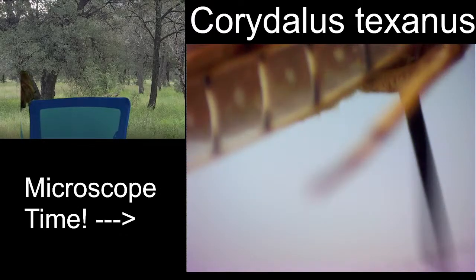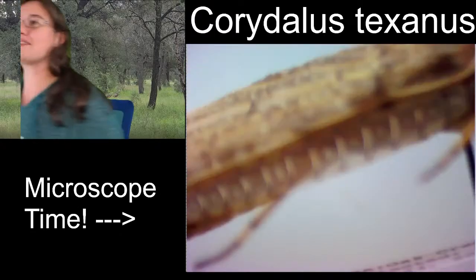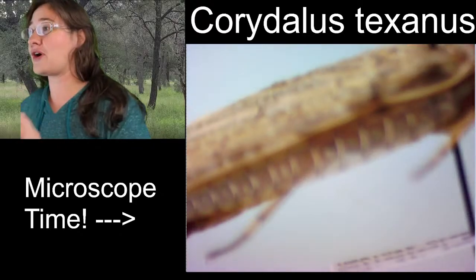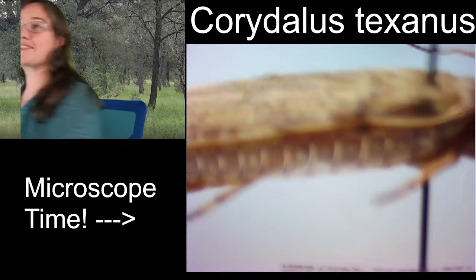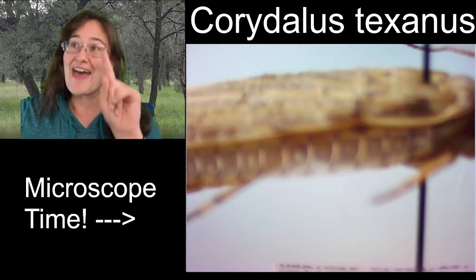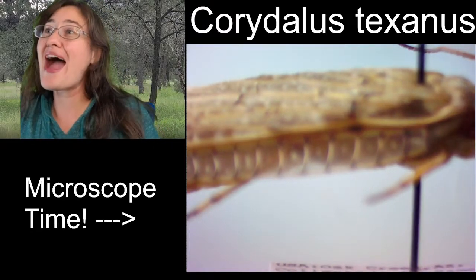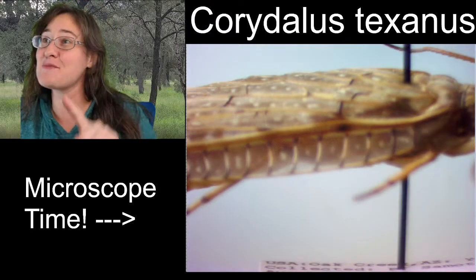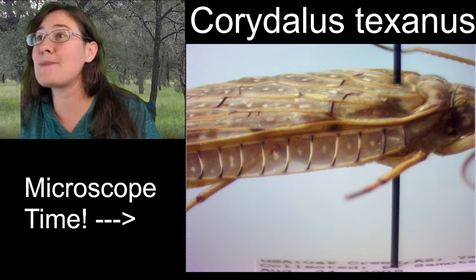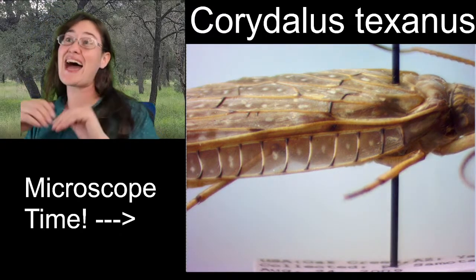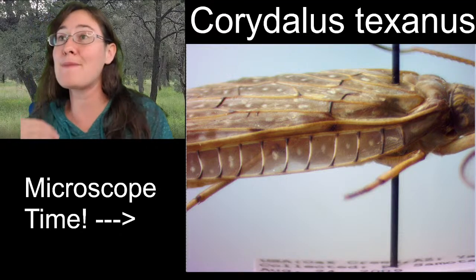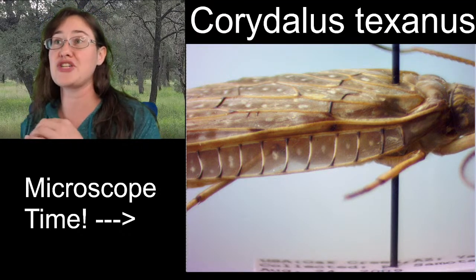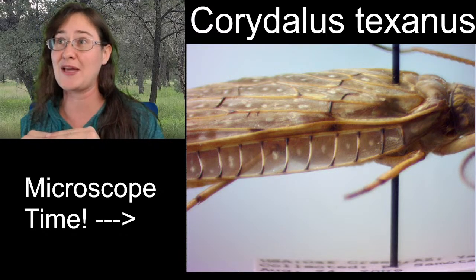All right, so here is something that I was looking for. I'll tell you what I was looking for and that I didn't find it. So I thought that possibly if I looked at the Dobsonfly from the side as a lateral view, I might be able to show you the differentiation between the front wing and the hind wing.